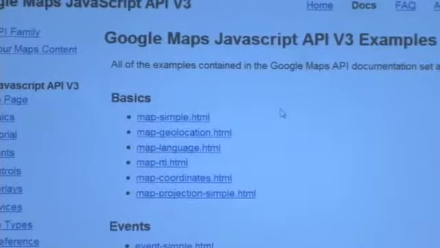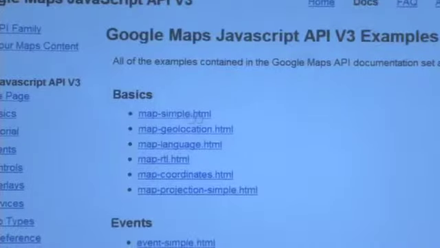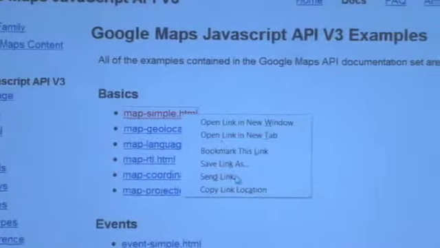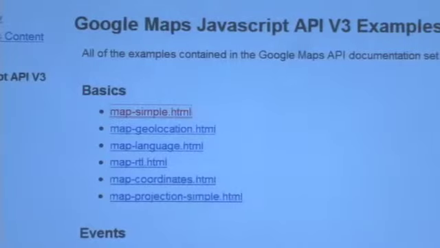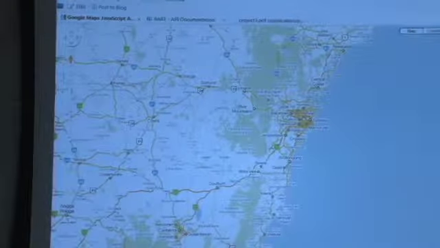We said that we need to embed a map in our website, so take map-simple.html. What this does is it displays a map on our screen, zoomed in and centered at some point.